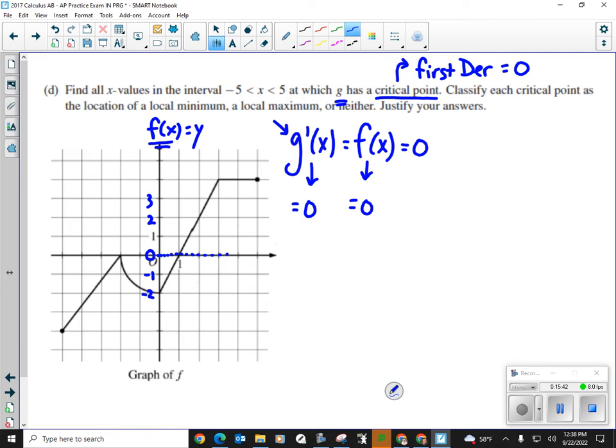Anything on this line, I'm sorry, I got to do that every time I do the dash line. Right here and right here, f of x equals 0 because that's where y is 0. This is at -2, and this is at 1. Those are the two locations for critical points.